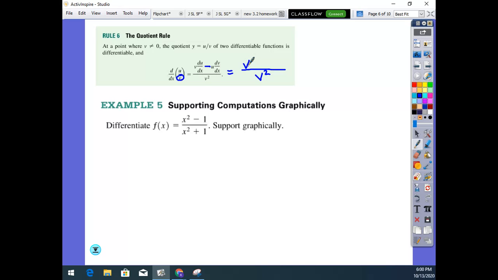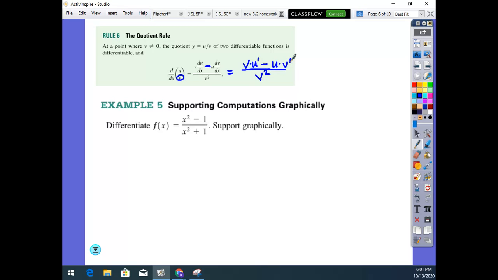With product rule, it's not quite so important because we add. But with the quotient rule, because we're subtracting, order is very important. So whatever is on the bottom is what we start with on the top. Then we take it times the derivative of the top minus the top times the derivative of the bottom.